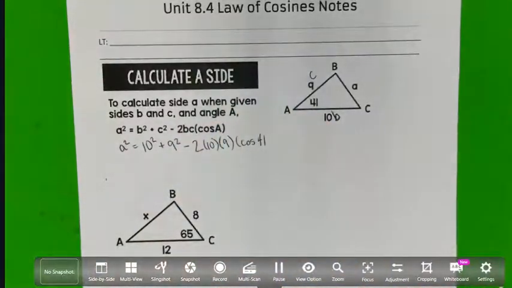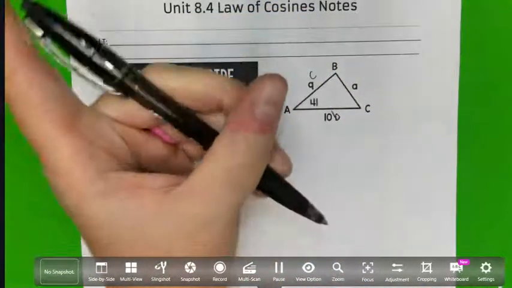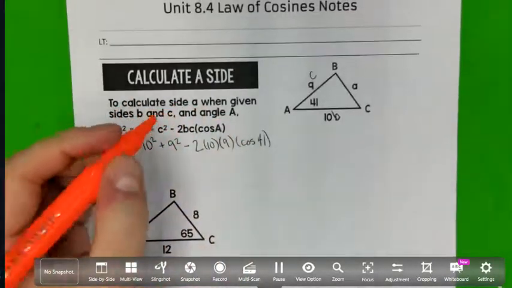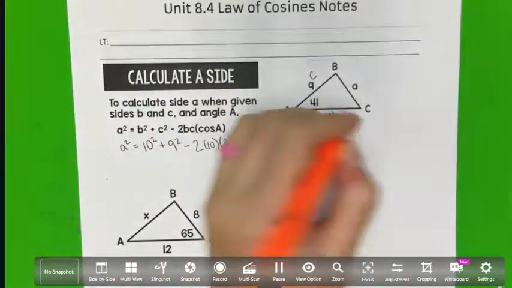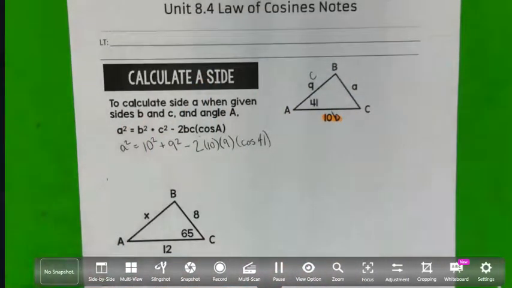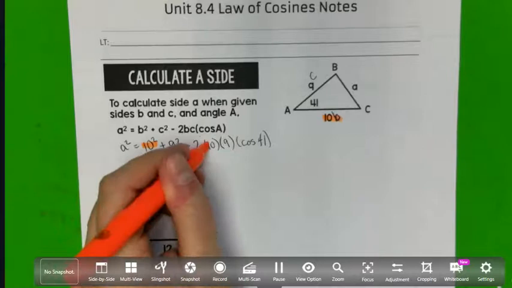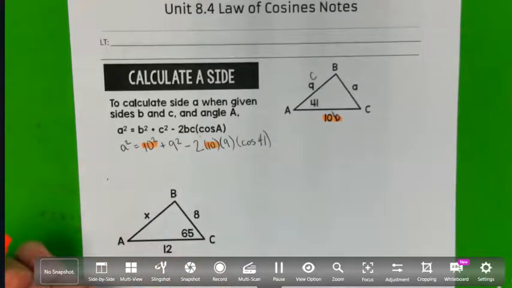I'm going to take highlighters to show you where these numbers are coming from. I've got my 10, which is my B side, and I'm going to highlight that in orange. That goes in there twice.